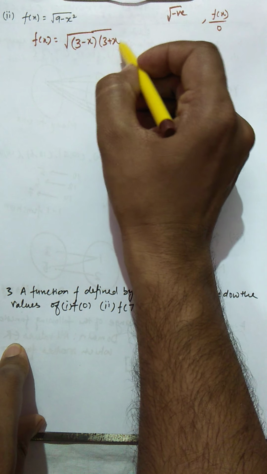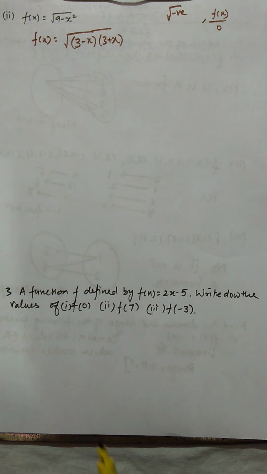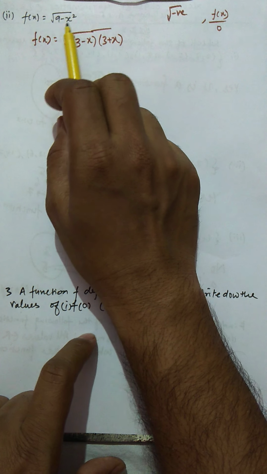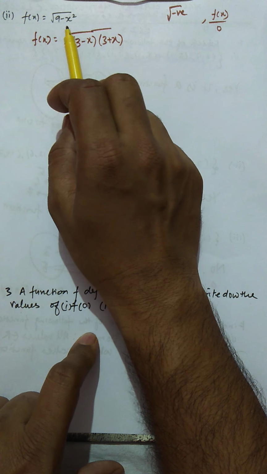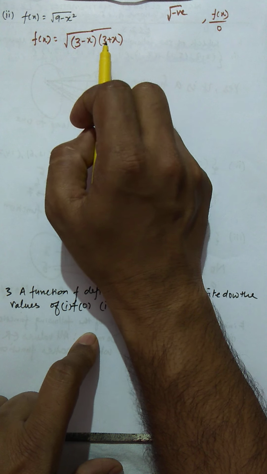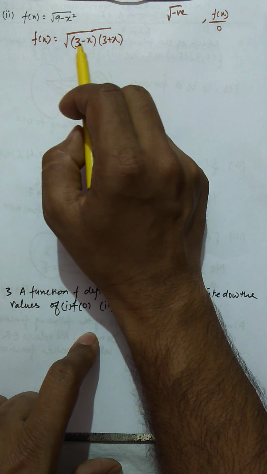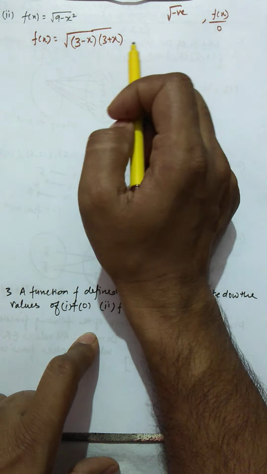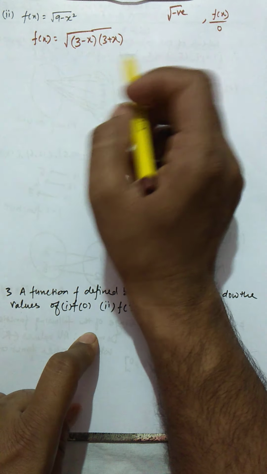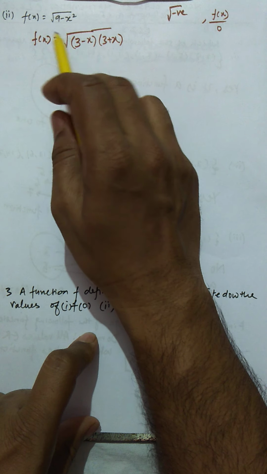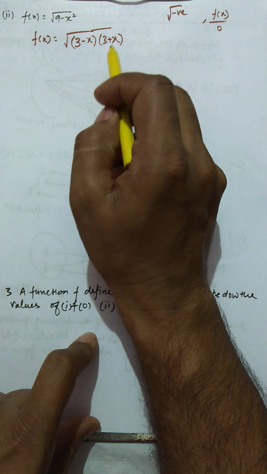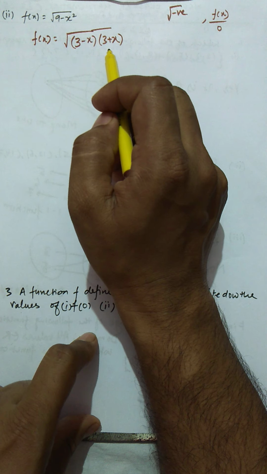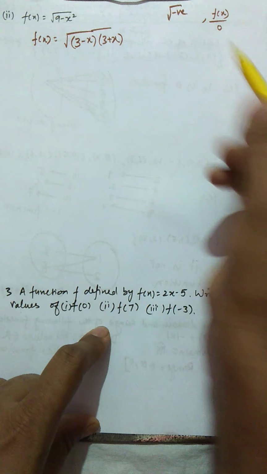So the method that we are going to discuss can be applied here when you have f(x) in such a way that you can convert it into linear factors. Remember this. The method that I'm going to explain cannot be used if your f(x) cannot be written in the form of linear factors.